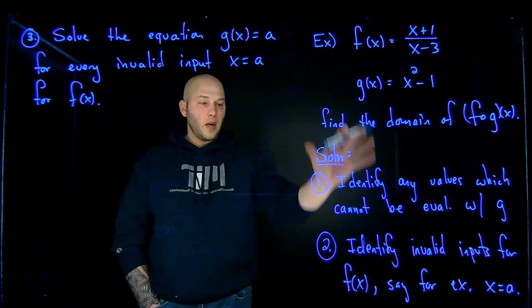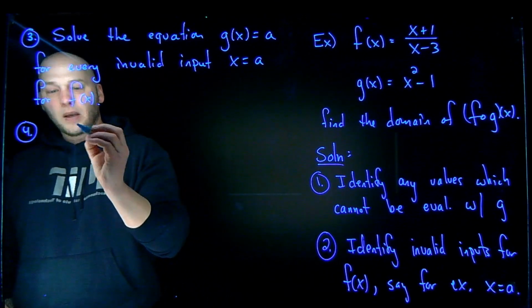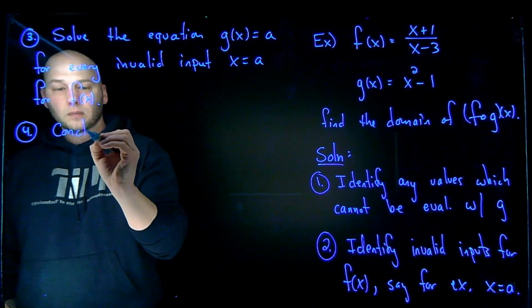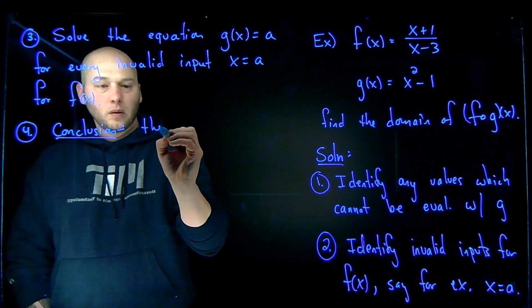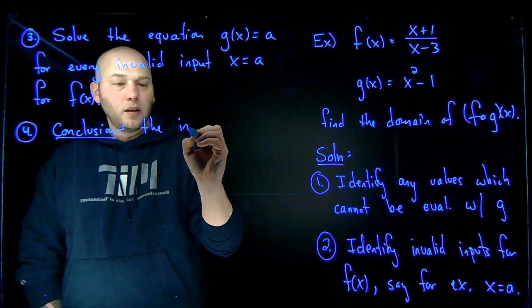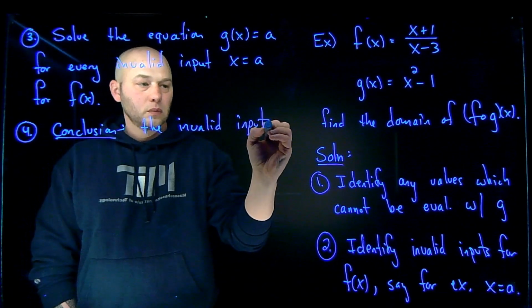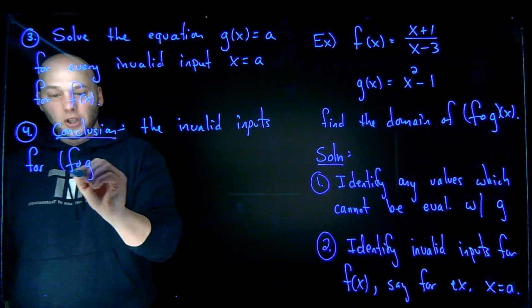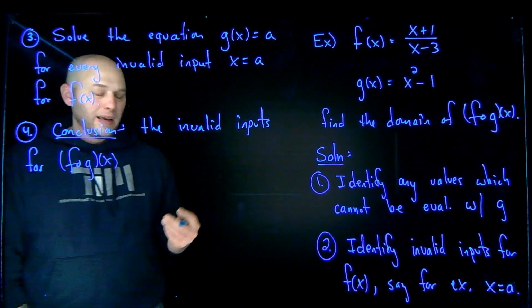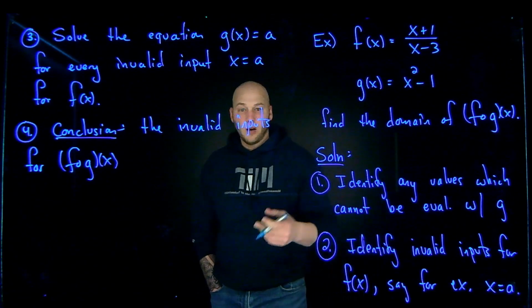Let's go through then, and step 4, this is just my conclusion. The invalid inputs for f composed with g. And as a reminder, invalid inputs is just a number that I can't plug in because I get, say, an undefined value.